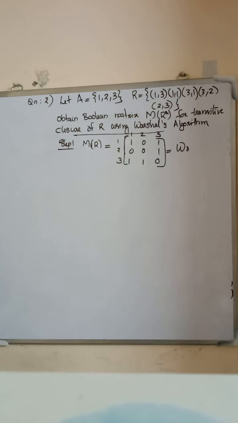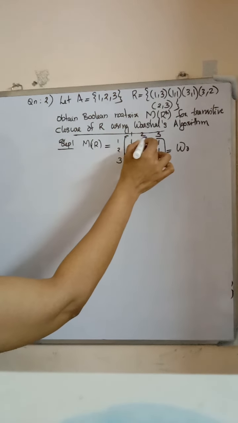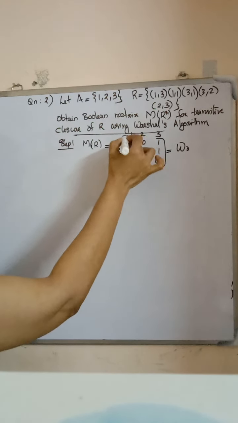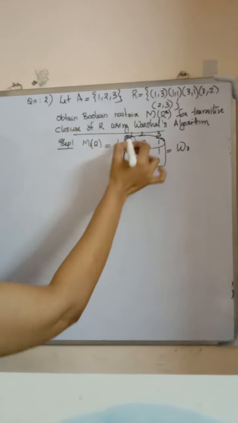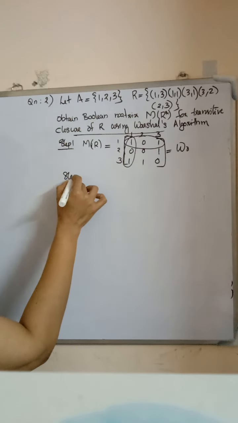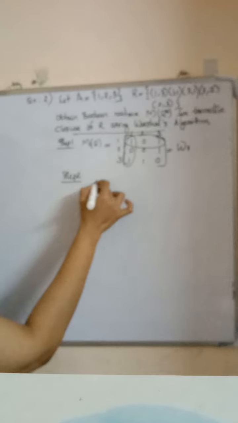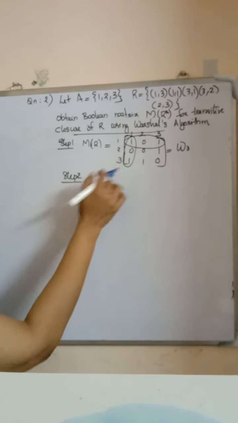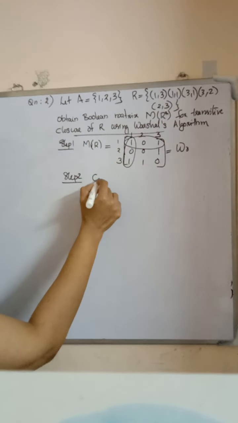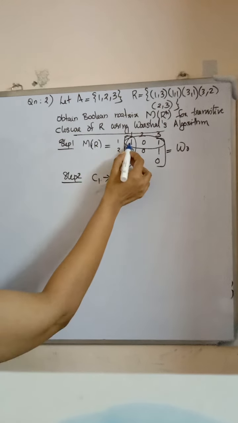Now we construct W1 from W0. For that we choose the first column and first row. We get the positions of 1 in column 1 as 1st and 3rd.